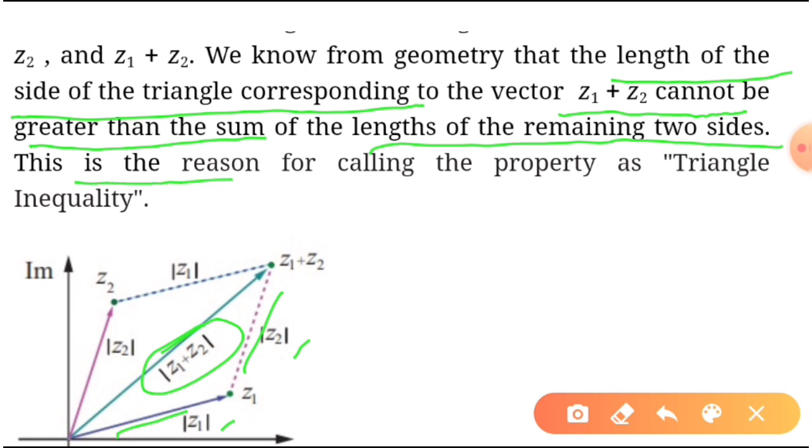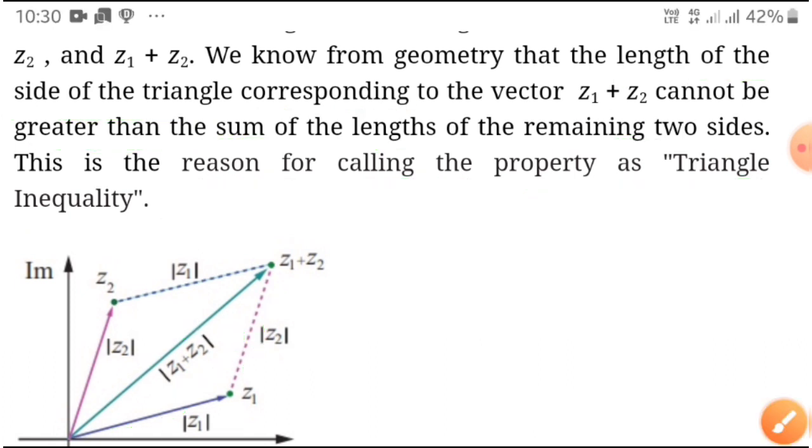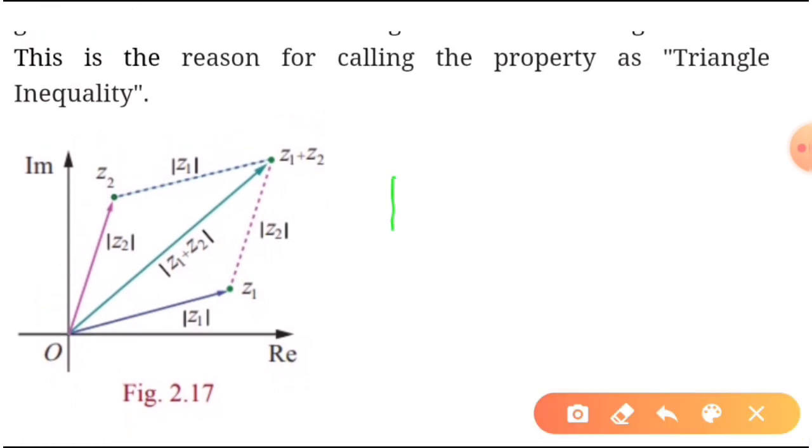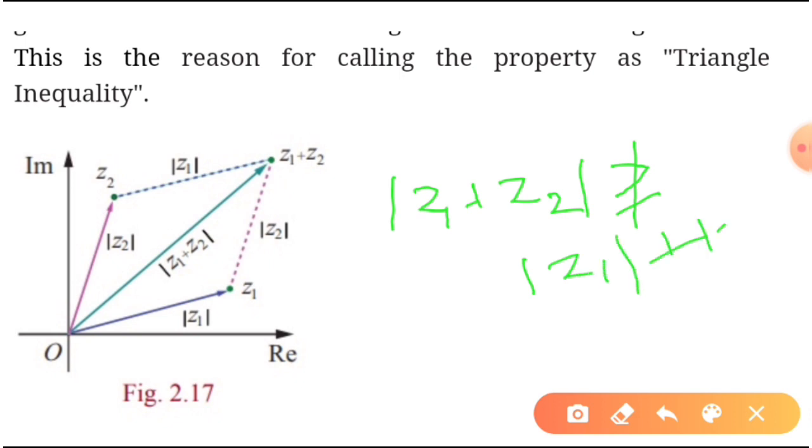This is the reason for calling the property triangle inequality. Modulus of Z1 plus Z2 is less than or equal to modulus of Z1 plus modulus of Z2.